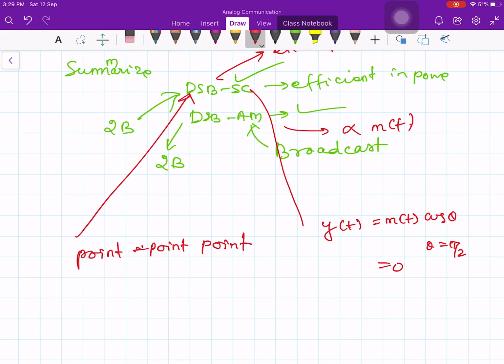What I will do is, I can put two signals on the same carrier, let's say two message signals m1 of t and m2 of t. m1 of t uses the carrier cos omega ct, same carrier frequency, and m2 of t uses sin omega ct.